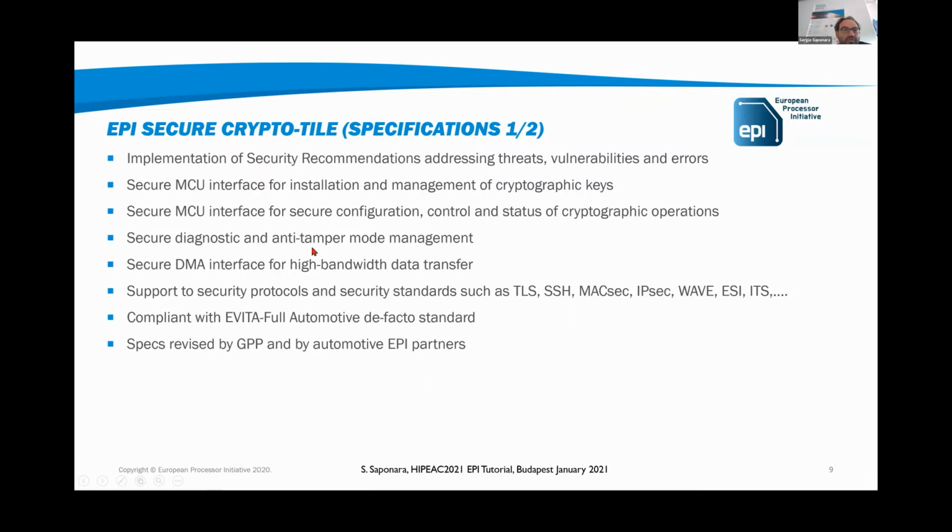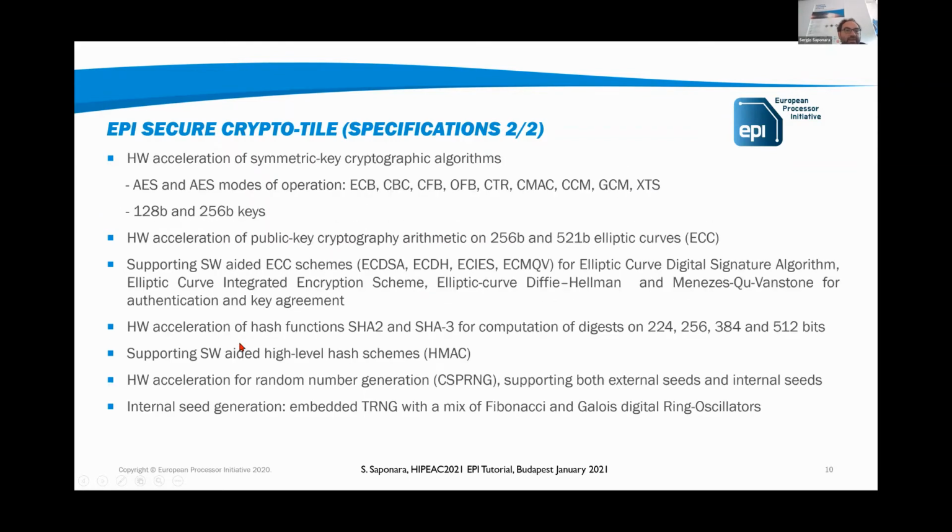There are also features for secure diagnostic and anti-tampering, and support of all the security operations needed in the most diffused standards like TLS, SHA, HMAC, IPsec, WAVE, and so on. So at the end, the GPP is ready not only for the high performance computing scientific part or automotive, but also to compete in the market of secure general purpose processors. And as I said, the specs were revised both by automotive partners and by general purpose partners.